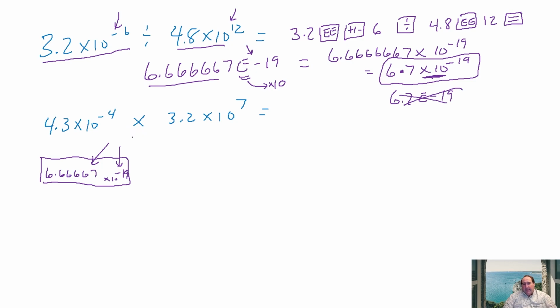Taking our next one here, we're going to put it into our calculator. We'll start here and we'll go 4.3. Once again, we're going to use our exponent button here. That's going to take care of the times 10 part. We have a -4, so we're going to use our negative button and 4.